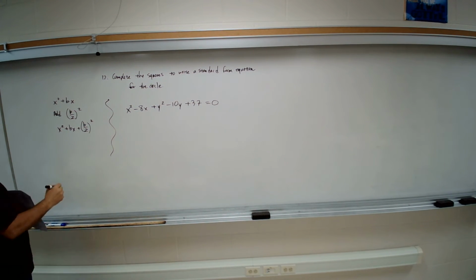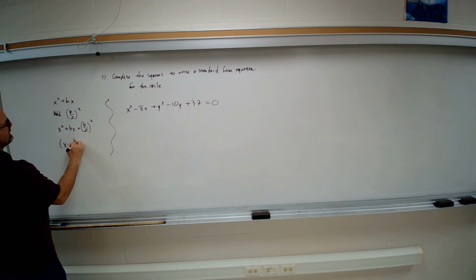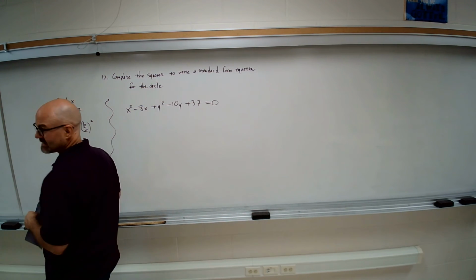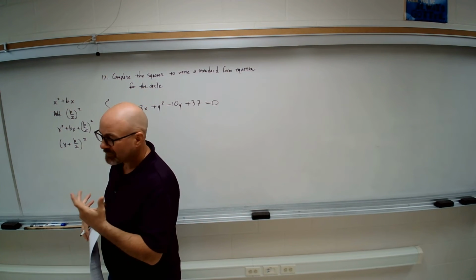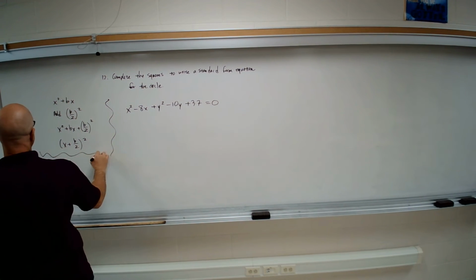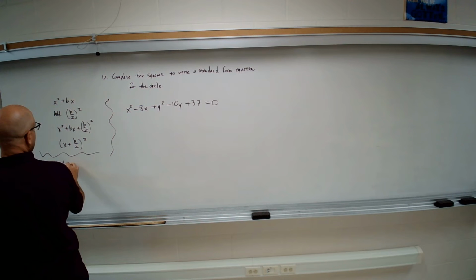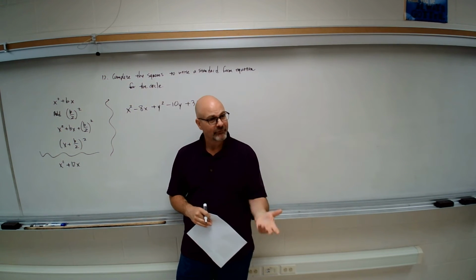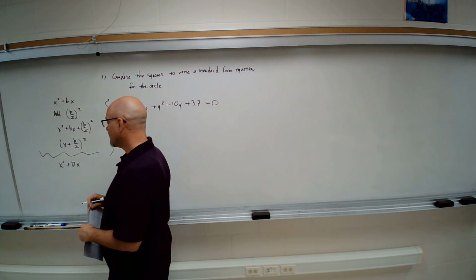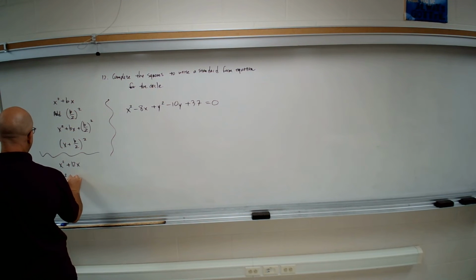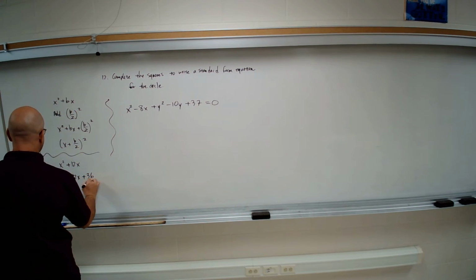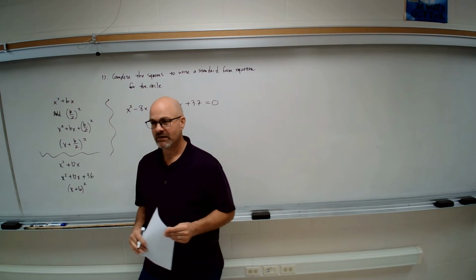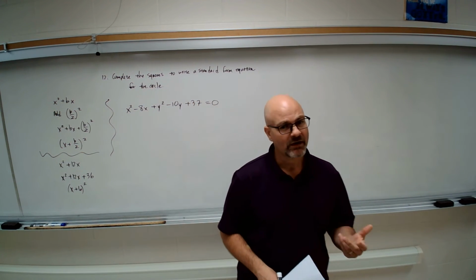And then this always factors to become (x + b/2)^2. An example would be maybe you have x squared plus 12x. So you take the number 12 and cut it in half, which gives you 6, right? So if you add on 36, then it factors to become (x + 6)^2. That's the completing the square process.